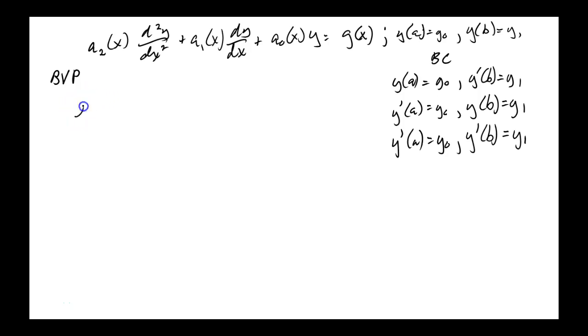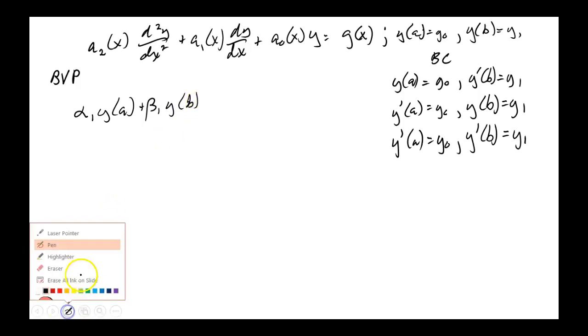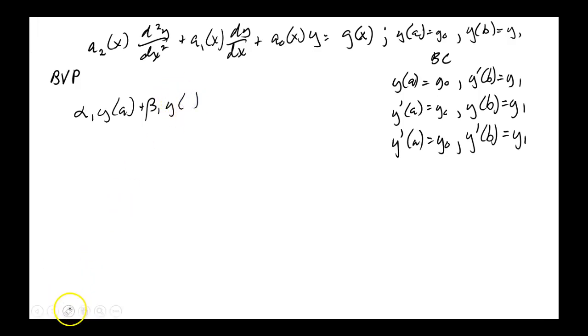But here's what they say: alpha 1 y of A plus beta 1 y prime of A, I'm sorry, y prime of A, okay, is equal to gamma 1, and alpha 2 y of B plus beta 2 y prime of B is equal to gamma 2.